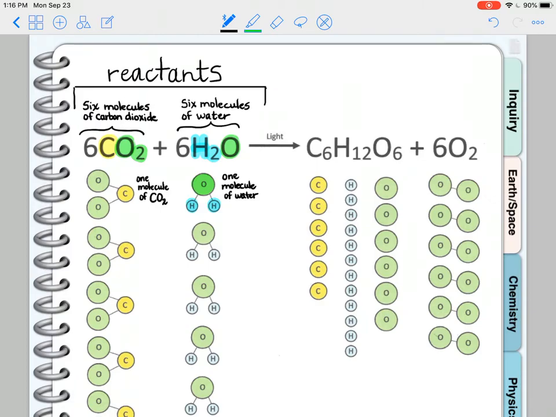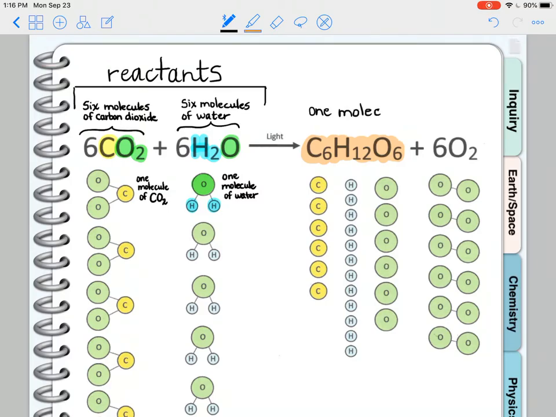Okay, so we mix carbon dioxide and water, and then here's what we come up with. This very long molecule, C6H12O6, is one molecule of glucose.